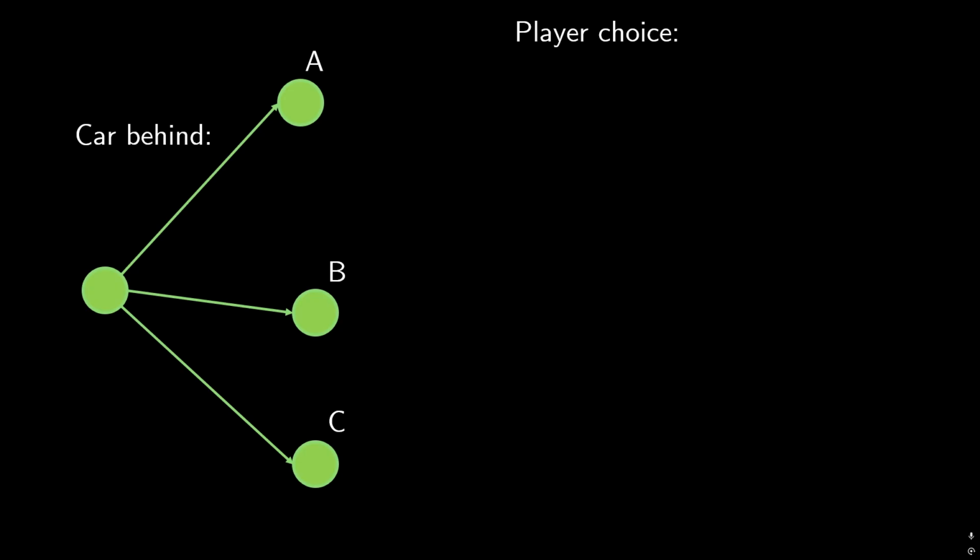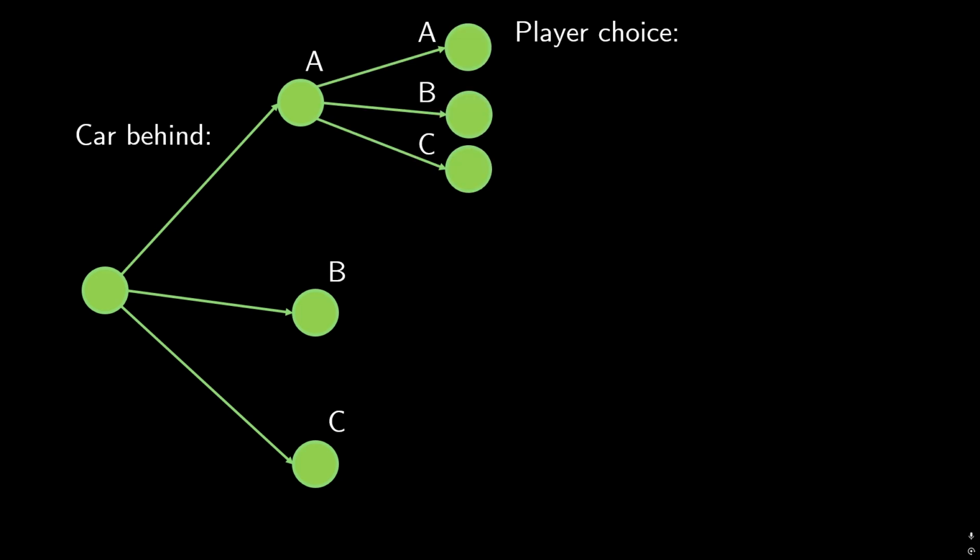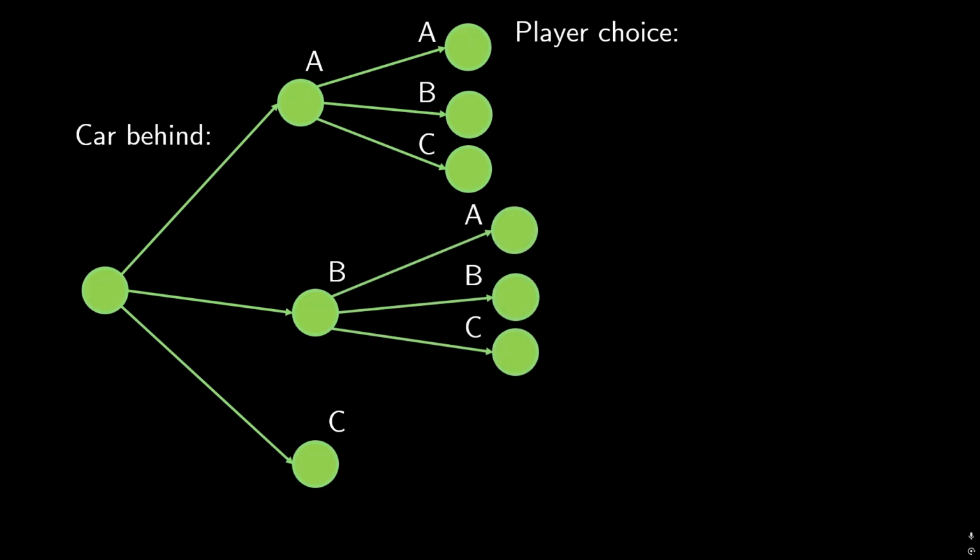It doesn't really matter where the car is. We can make this choice independently of where the car is. So, for example, we can make the choice A, B, or C in terms of which door we prefer. Similarly, if the car was behind door B, we could also choose doors A, B, or C. That's fine as well. Or even if the car was behind door C, we could have chosen doors A, B, or C as our choice.